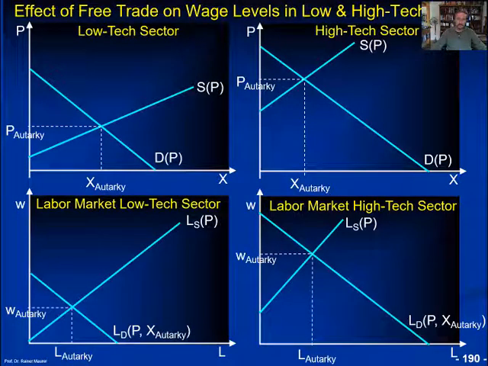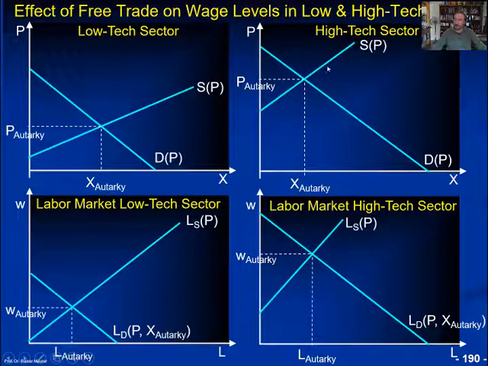In the high-tech sector, a developing country has typically a low supply of high-skilled workers, such that the labor supply curve of high-skilled workers lies relatively far to the left, and as a result, the autarky wage rate in the high-tech sector is relatively high. Given this high wage level, production costs in the high-tech sector are relatively high, such that the supply of high-tech goods is relatively low.